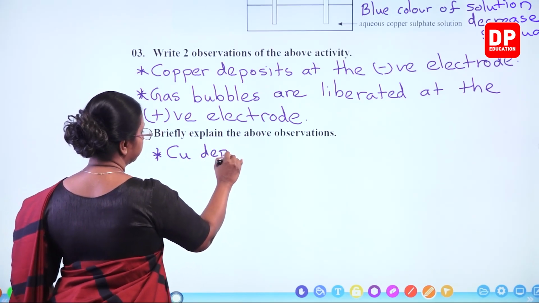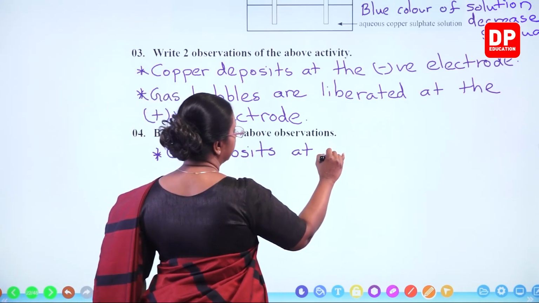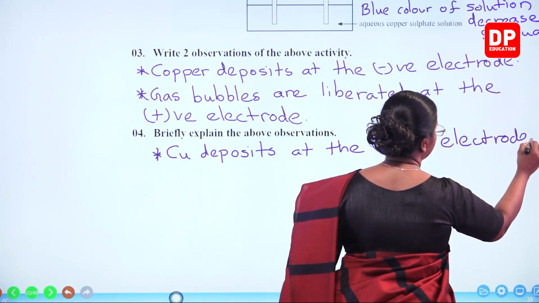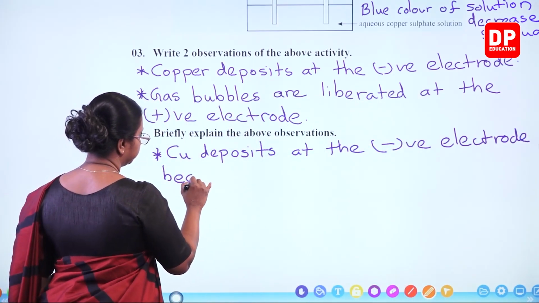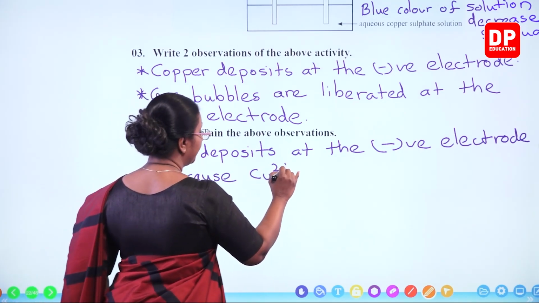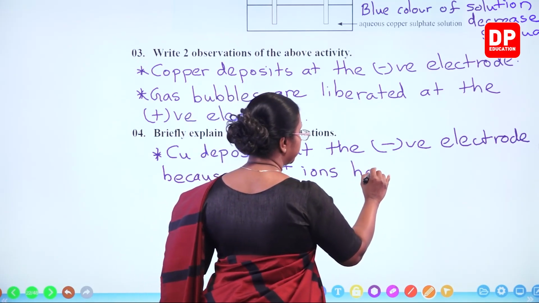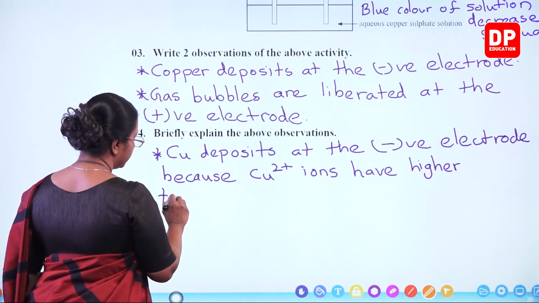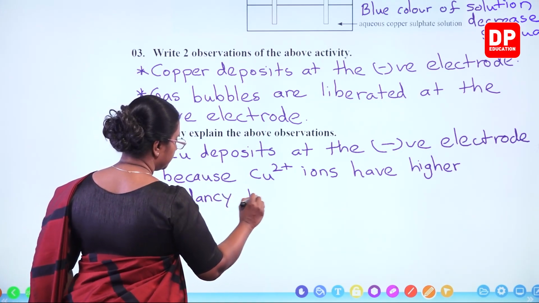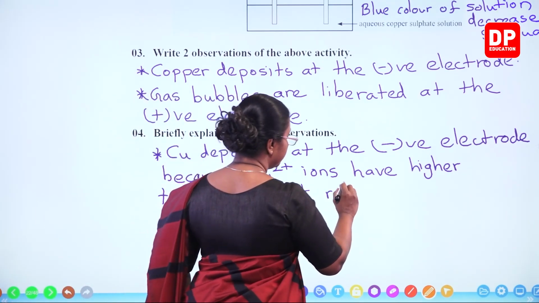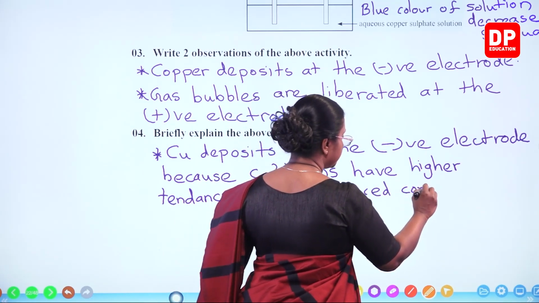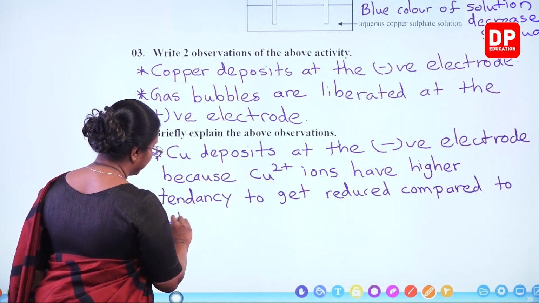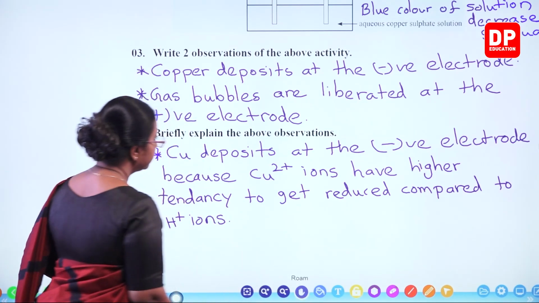Copper deposits at the negative electrode because Cu2+ ions have higher tendency to get reduced compared to H+ ions. That is one explanation.